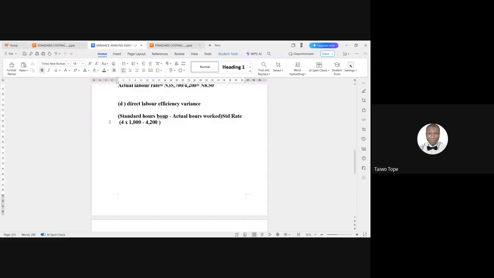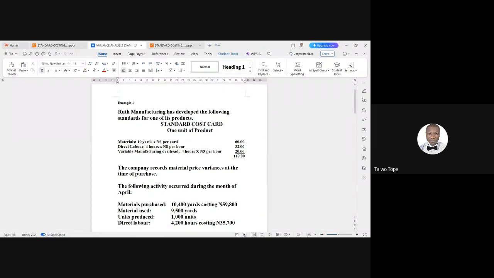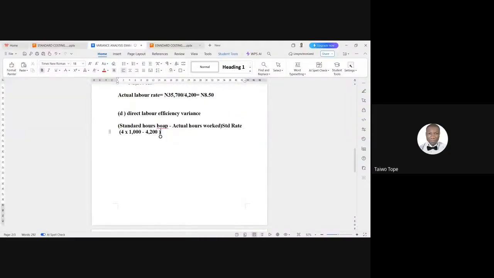Multiply by the standard rate. The standard rate, going to your standard cost card, is what? 8 naira.